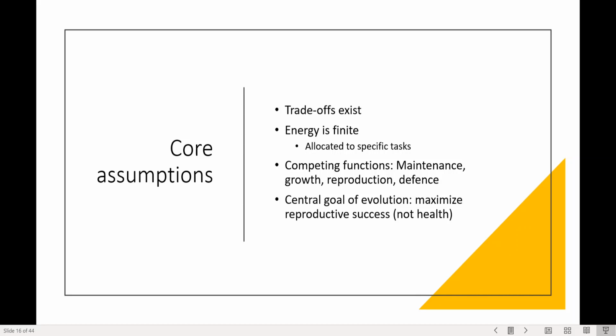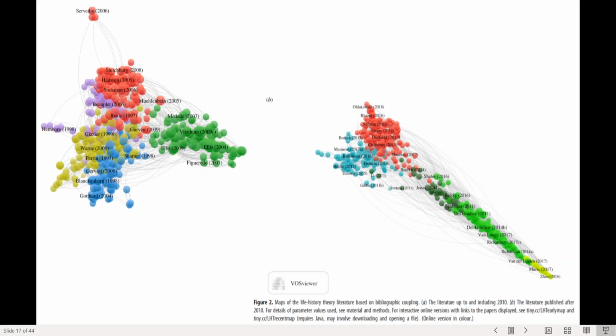The interesting thing is that life history theory is actually probably at least two major sets of theories. Here is a chart that shows all these different theories or micro theories and publications prior to 2010, and what you can see is it's a relatively coherent cluster of studies that are nicely citing each other.